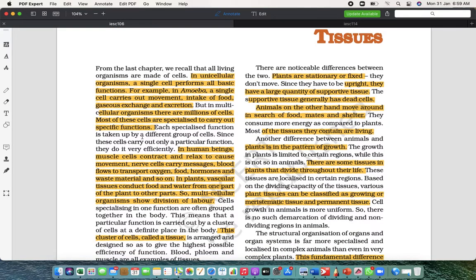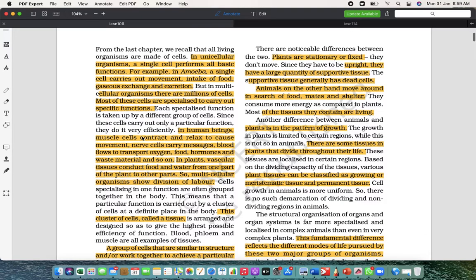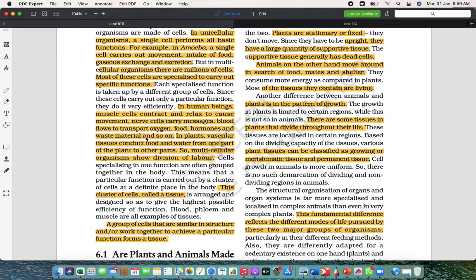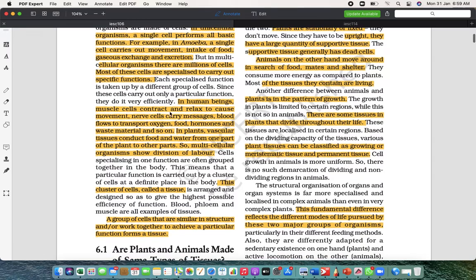But there are organisms which are multicellular. They have different organs to do different functions. There are different cells to do different functions. For example, in human beings, some of our cells contract and relax.